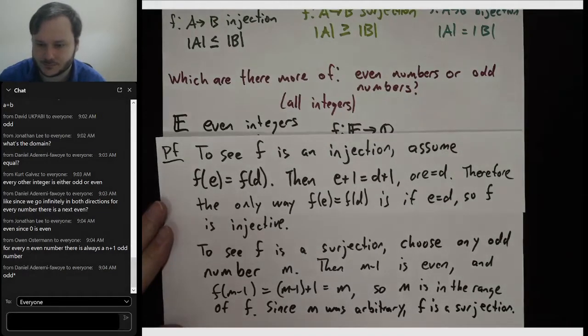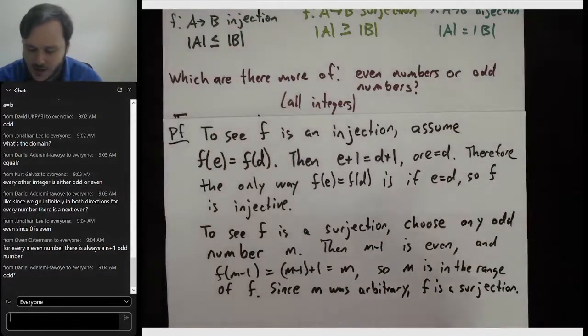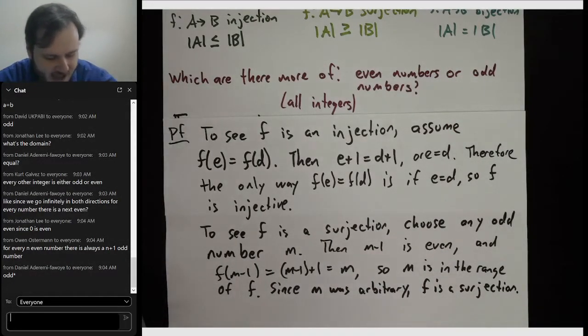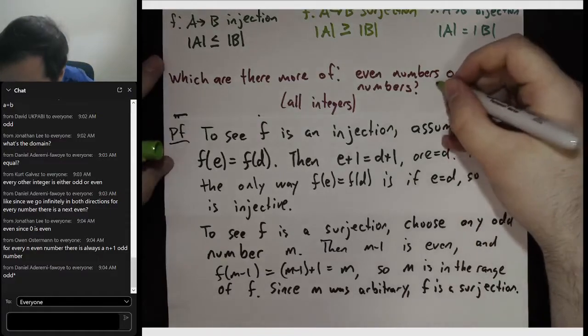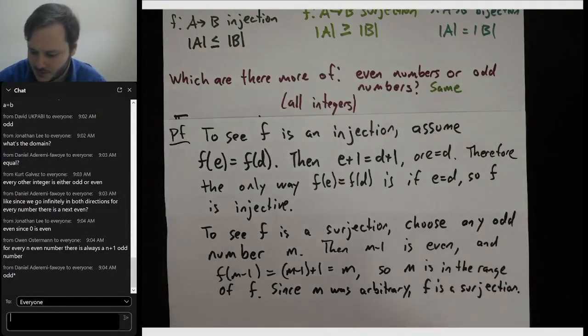Okay. So, which are there more of, even numbers or odd numbers? It makes sense to say they're the same, because there's a bijection between them.